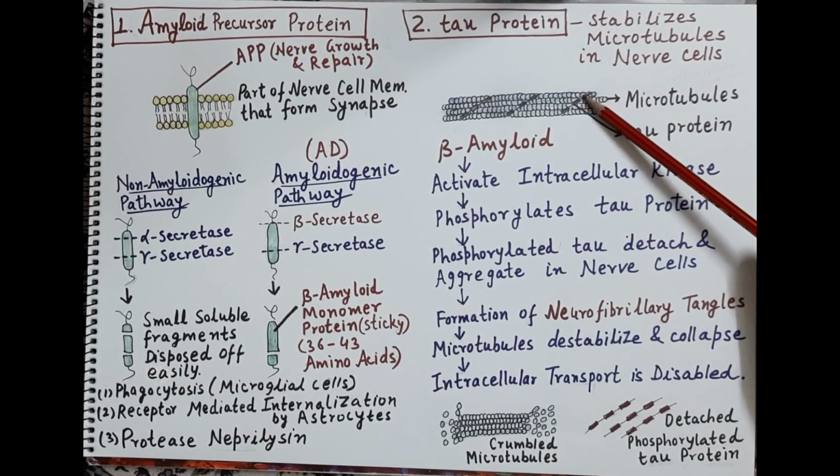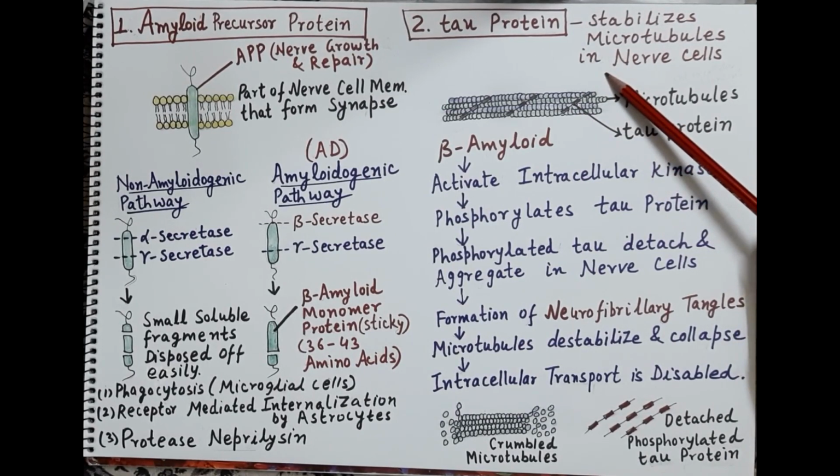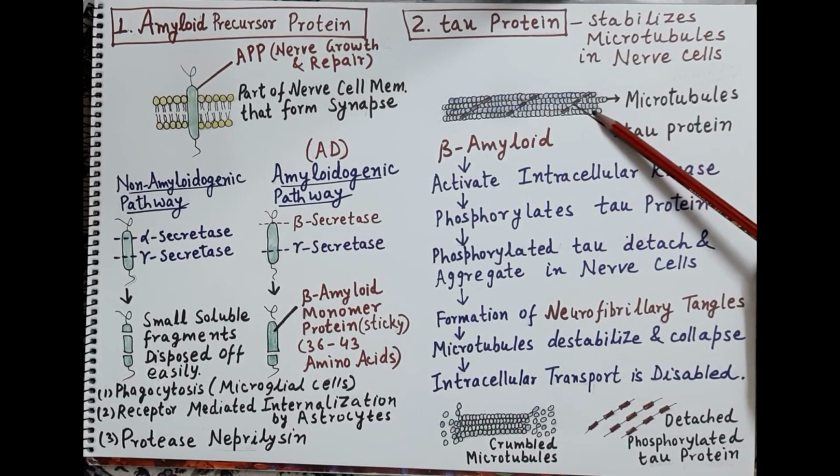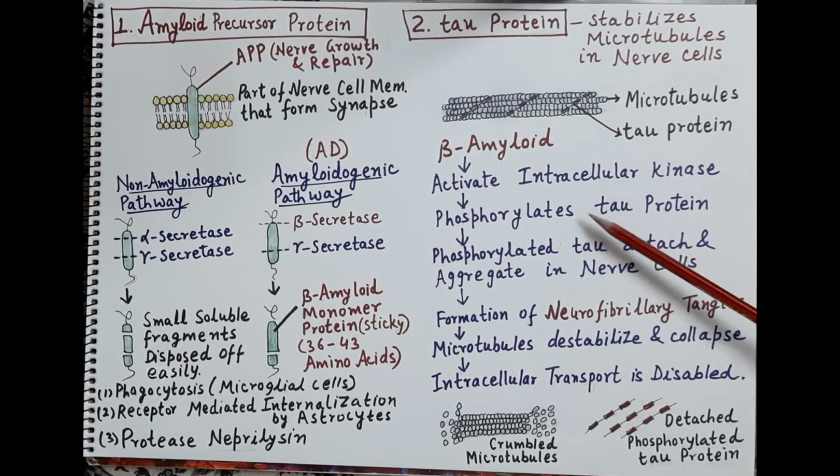Now, when the tau protein detaches itself from the microtubules, these microtubules get destabilized, and further there is crumbling of the microtubules. So there is a disruption of the intracellular transport within a nerve cell. So, activation of intracellular kinase.